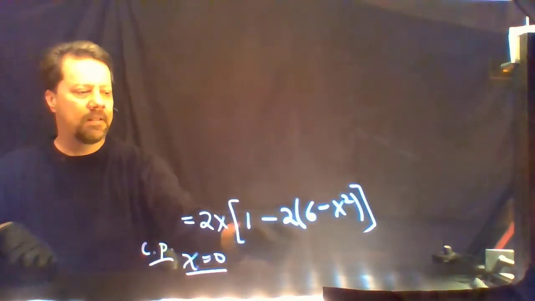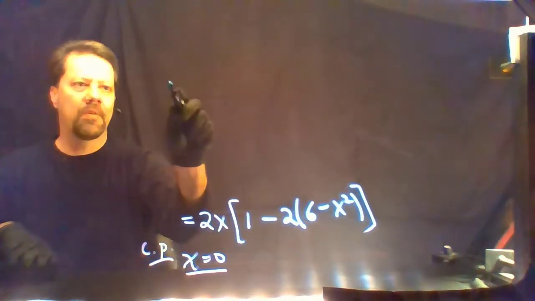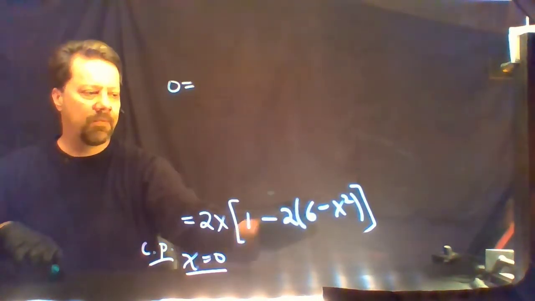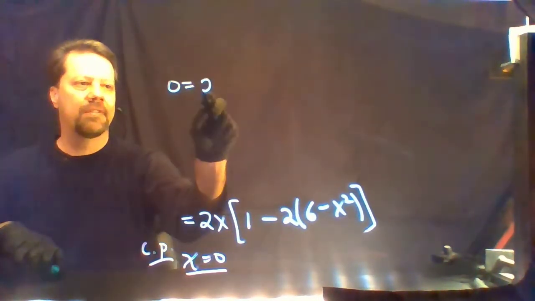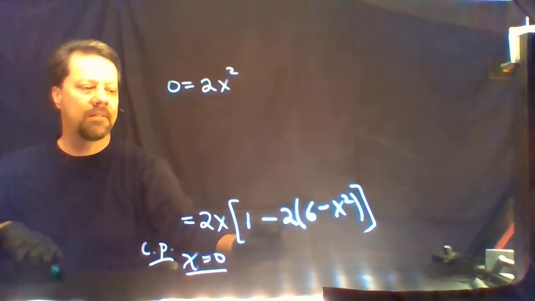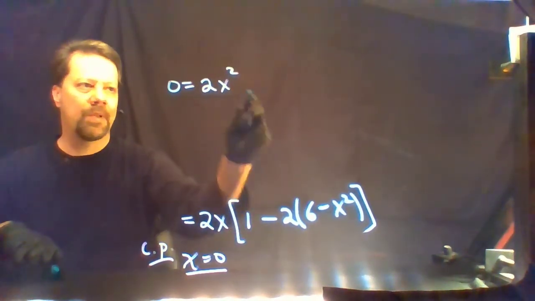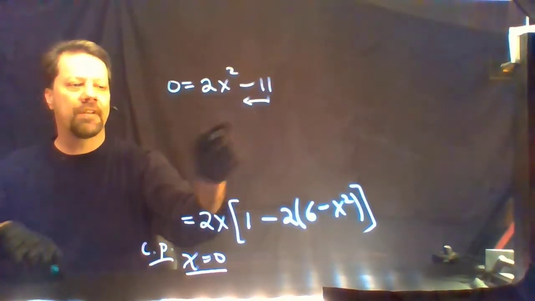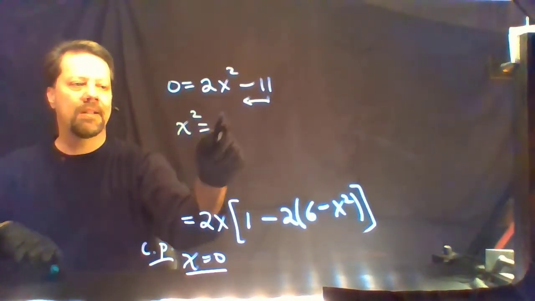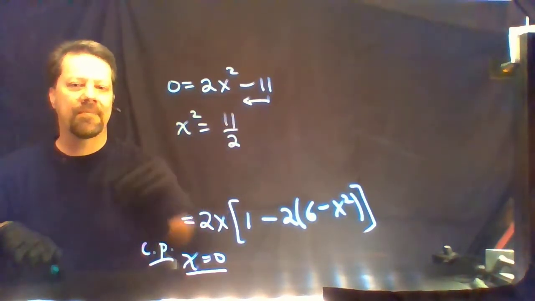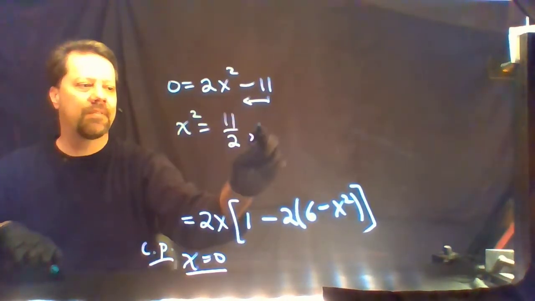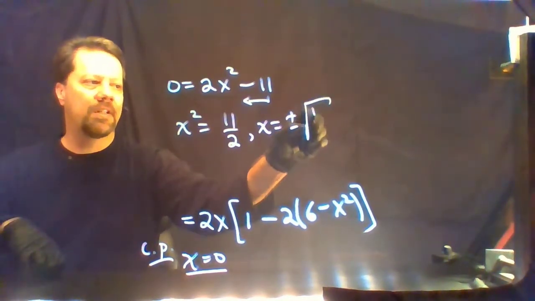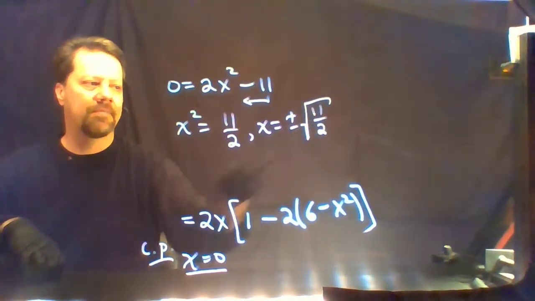To find the other critical point, we need to set the other factor equal to 0. But before we do that, let's rewrite this as positive 2x squared. We'll have a minus 12 plus 1 is minus 11. Moving this over and divided by 2, we get x squared is 11 halves. Taking the square root, we'll have plus or minus the square root of 11 halves.